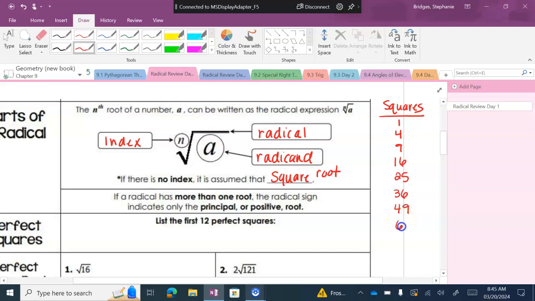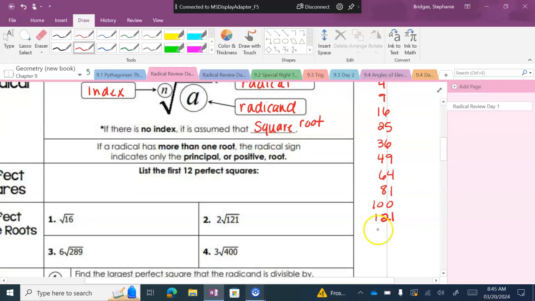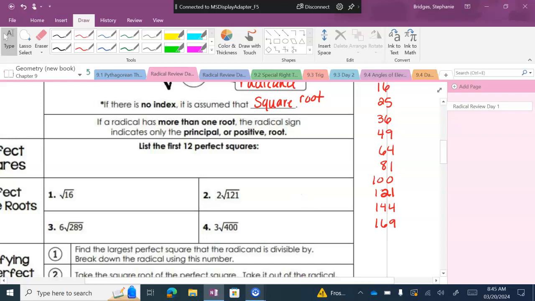8 times 8 is 64, 9 times 9 is 81, 10 times 10 is 100, 11 times 11 is 121, 12 times 12 is 144, 13 times 13 is 169, 14 times 14 is 196, and 15 times 15 is 225.